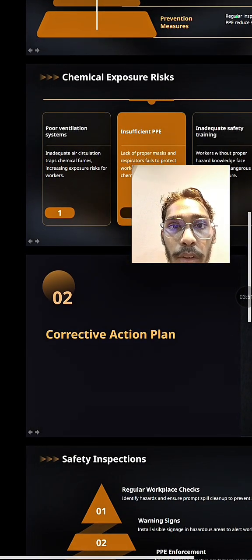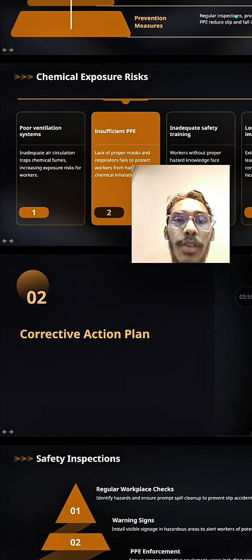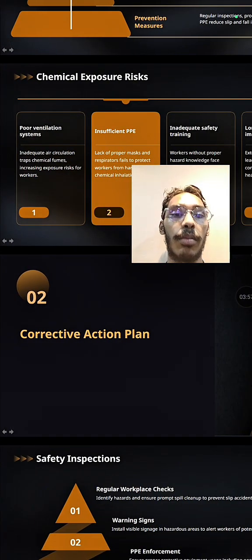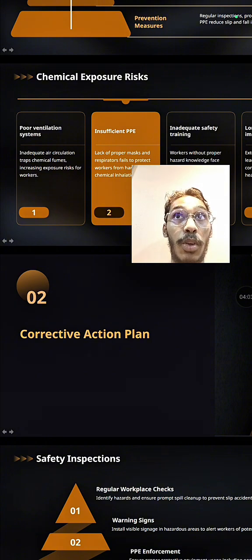Inadequate air circulation traps chemical fumes, increasing exposure risk of workers. Same as the earlier ones. No proper ventilation system equals long-term health problems and insufficient quality air.